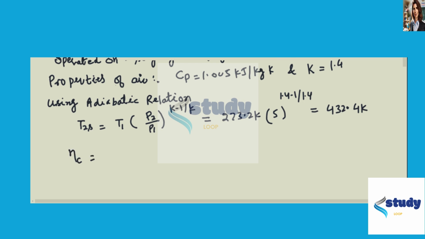Carnot efficiency of the cycle is defined as enthalpy of the fluid in second state for adiabatic process minus enthalpy in state 1 upon enthalpy in second state minus enthalpy in the first step. Efficiency is given 80%, so this is 0.8.